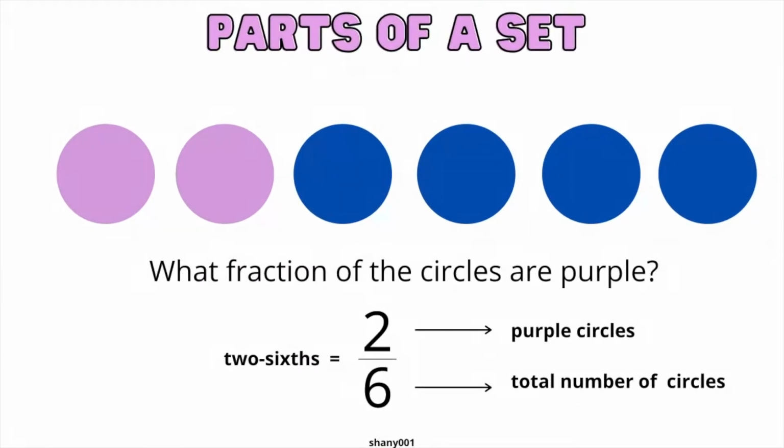Parts of a set. What fraction of the circles are purple? The answer is 2/6. 2 is the purple circles. The 6 is the total number of circles. 1, 2, 3, 4, 5, 6.